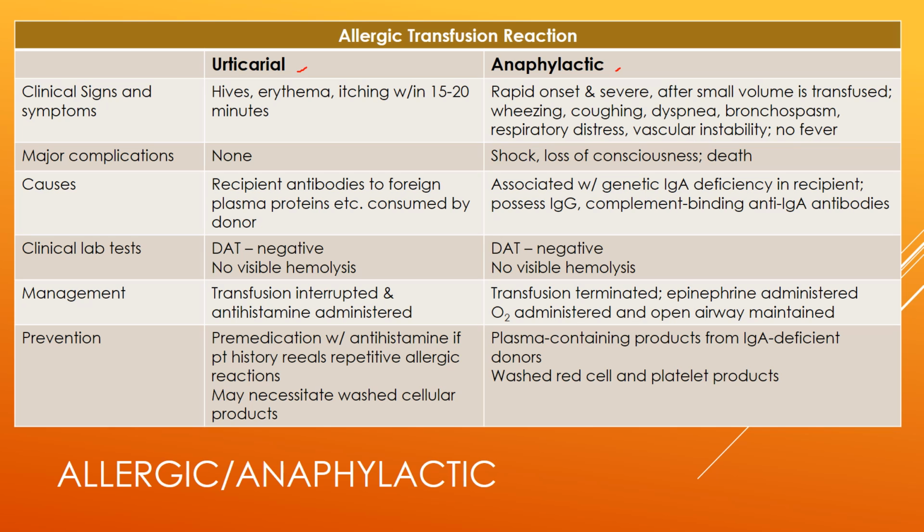Some patients are sensitive to the citrate that's part of the anticoagulant, and that's something that we can keep track of in a patient's history. In that case, if it's the anticoagulant, or even if it's an immune thing, we could wash the unit. That's possible. For any kind of allergic reaction, you're going to have a negative DAT. This is the key thing here: negative DAT and no visible hemolysis across the board.